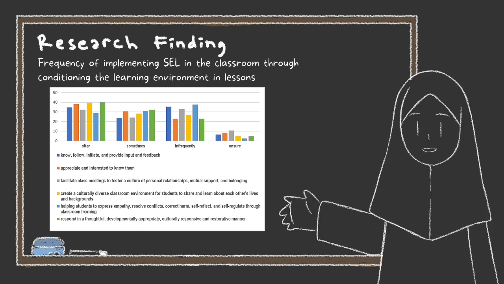Conditioning learning in the classroom that is often done by teachers is: I teach, model, and reinforce language and strategies that help students to express empathy, resolve conflicts, repair harm, self-reflect, and self-regulate.